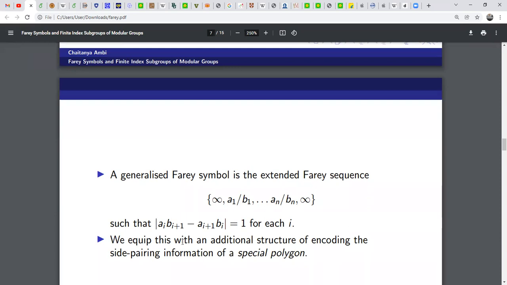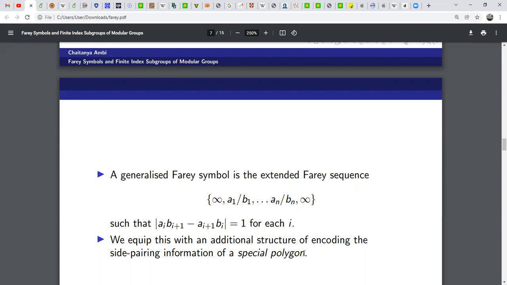This has to be equipped with an additional structure, that is encoding the side pairing information, and a special polygon is precisely a fundamental domain for the action of phi. See, the issue at hand is not just finding a fundamental domain, because Dirichlet fundamental domains, etc., are always available.